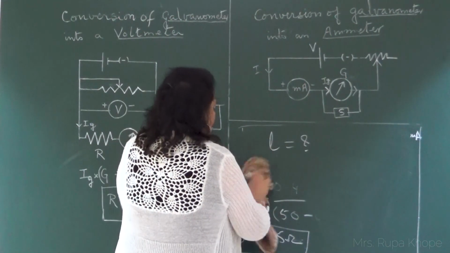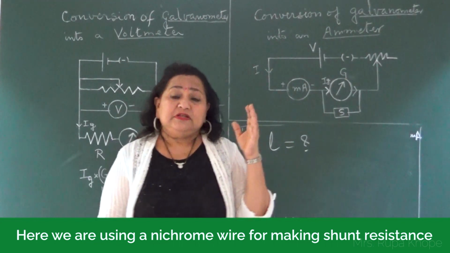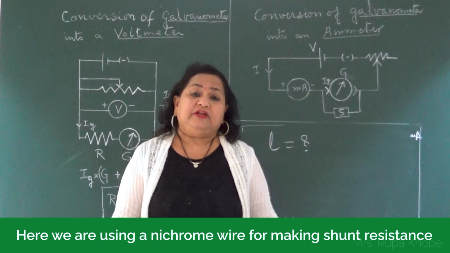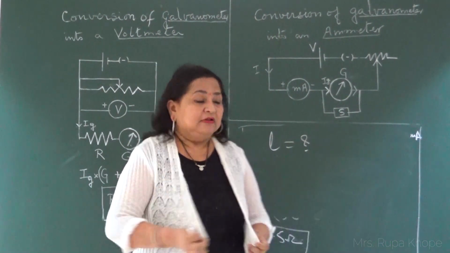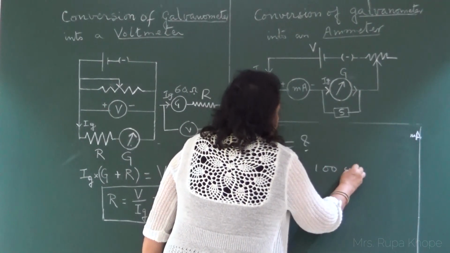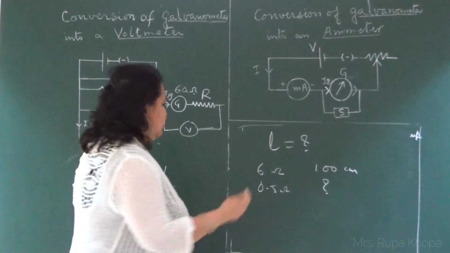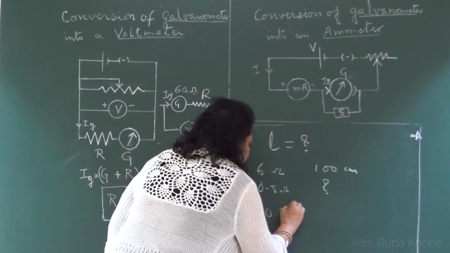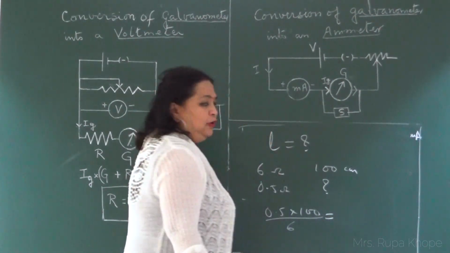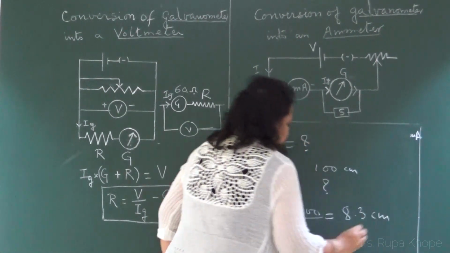I have taken a nichrome wire of 100 centimeter length, and we found that its resistance is 6 ohms. Naturally, 6 ohm for 100 centimeter. Therefore, for 0.5 ohm, what should be the length of the wire? It will be 0.5 into 100 upon 6, and we get the value as 8.3 centimeter.